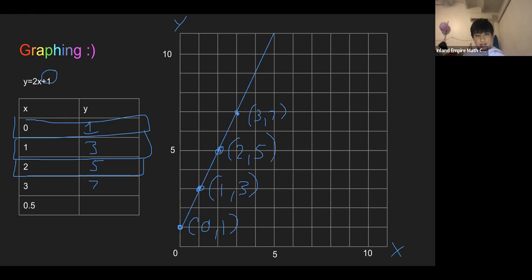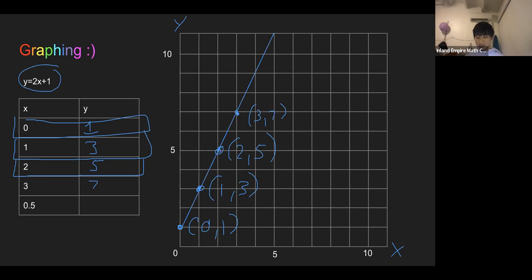So does this idea make sense to everyone, where you can draw the line on a graph and then the line would help you determine what any other points would be, since every single combination of x and y that solves this equation lies on this line?